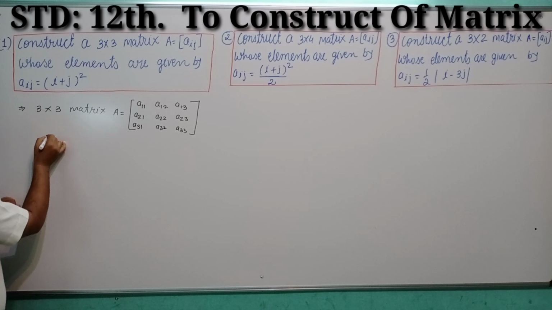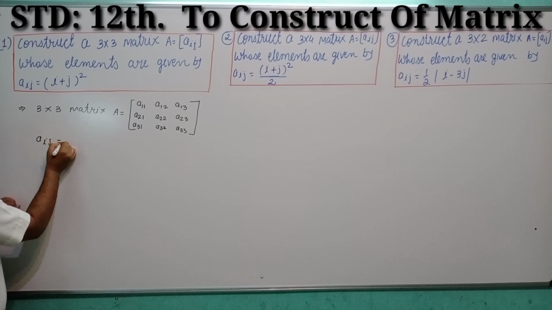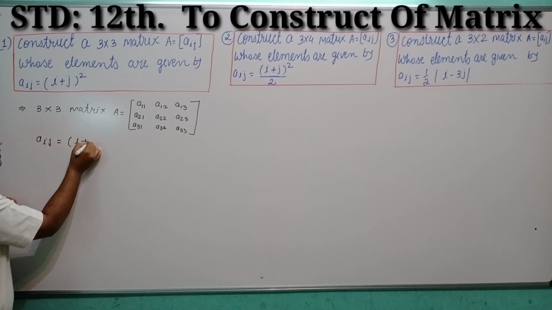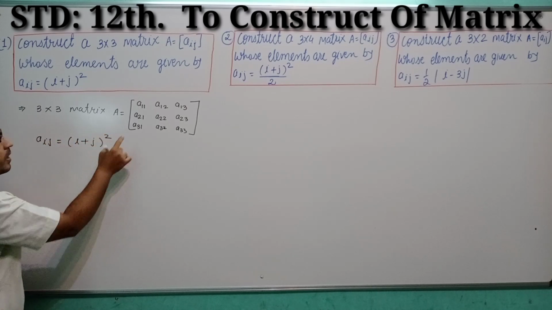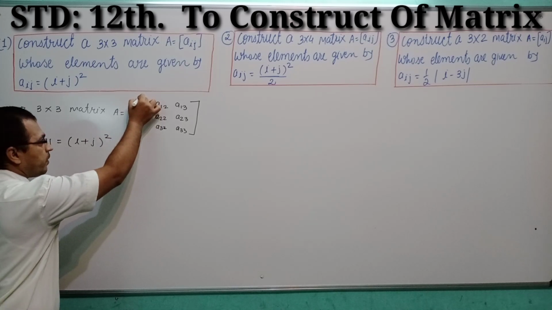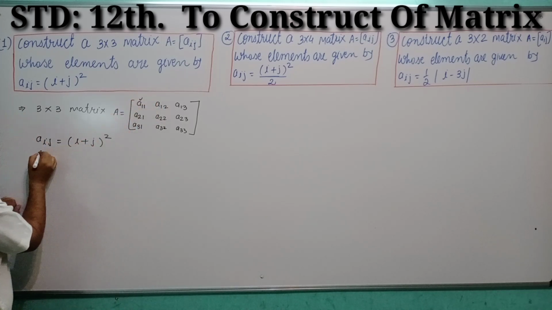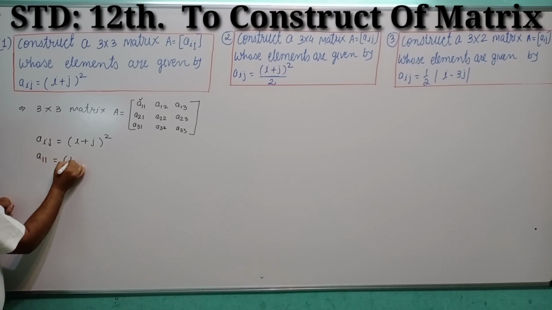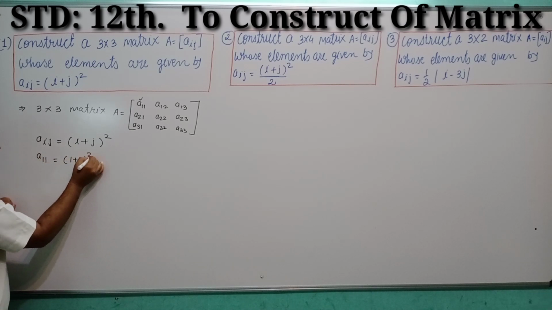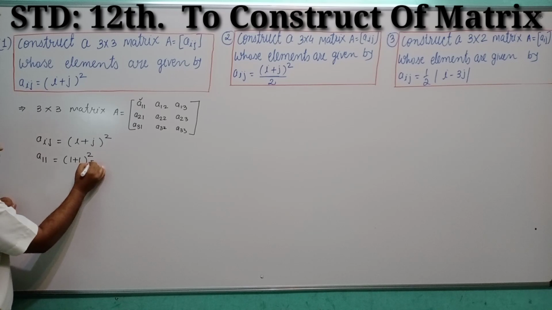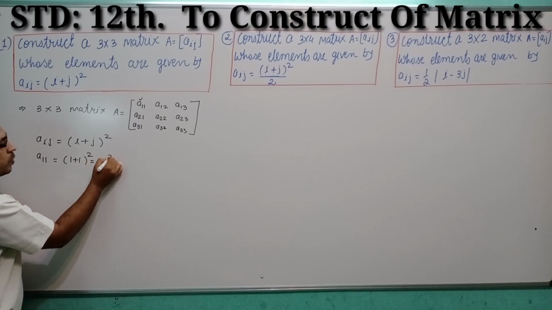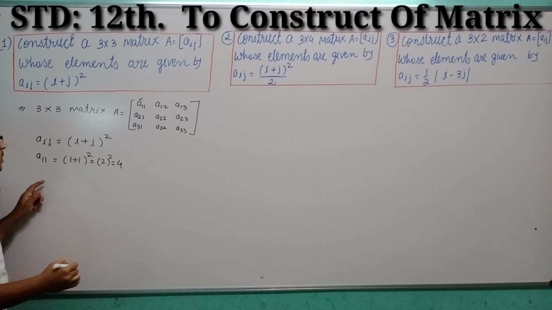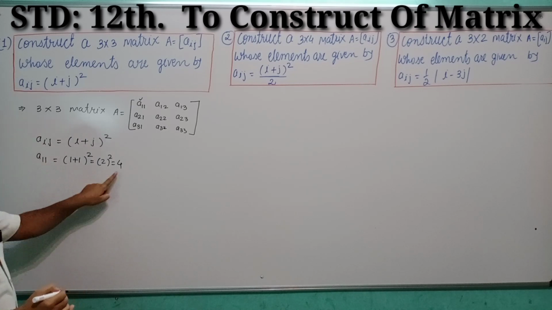Here we have the equation a_ij = (i + j) whole square. Our target is to find a11, so 1 plus 1 whole square, we get 2 square is equal to 4. It means the value of a11 is 4.